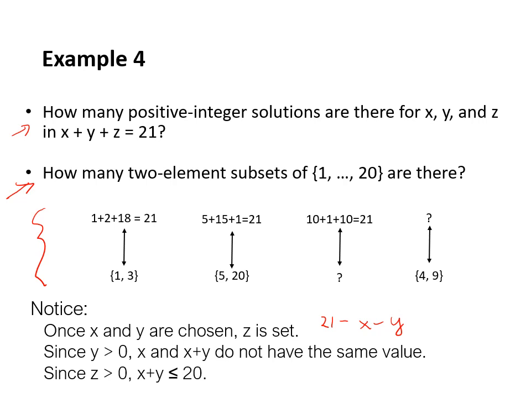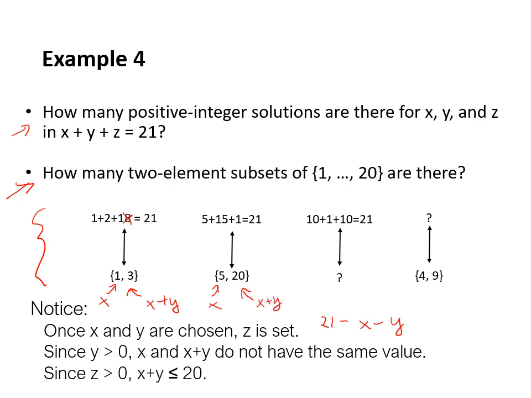If we have the solution 1 plus 2 plus 18 is equal to 21, we can disregard z, and this is going to correspond to this two-element subset containing 1 and 3, where the smaller number, 1, is x, and the larger number is x plus y. Same here: the smaller number is x, the larger number is x plus y.